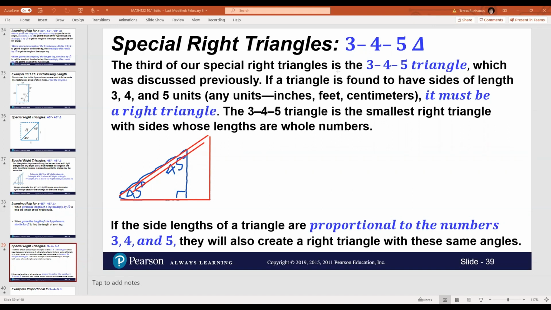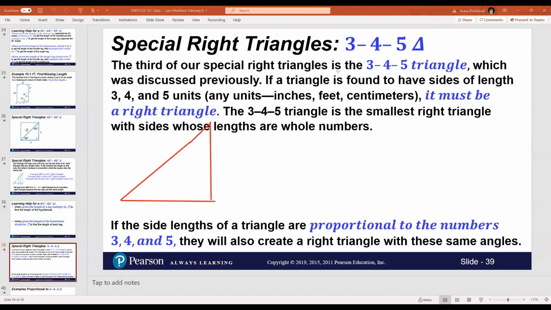What this slide is saying is that if I have a triangle that has this relationship, 3, 4, 5 distances, and I'll show you what I mean by that. It's kind of reasonable.